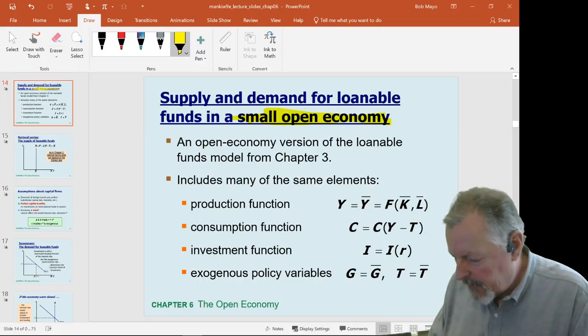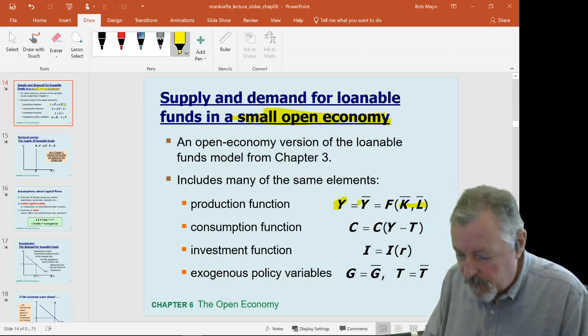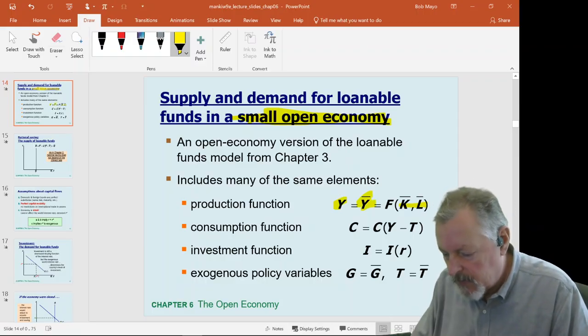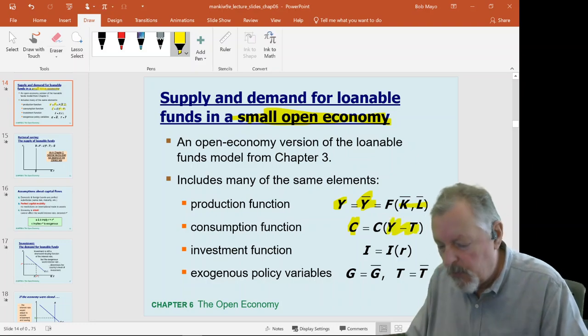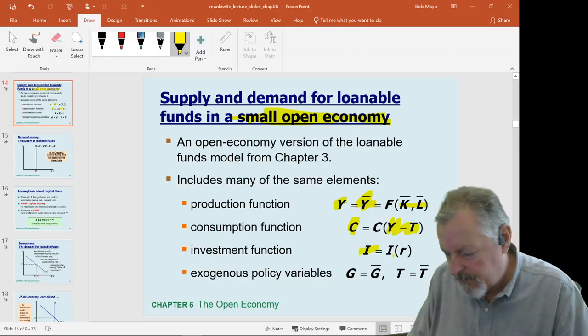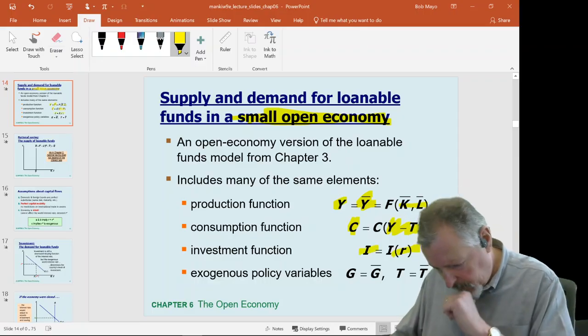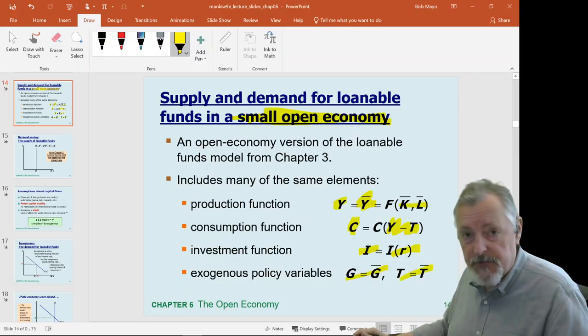Let's see. In this model, output is a function of capital and labor, both of which are exogenous and thus fixed. Therefore, output is fixed. Consumption is some function of total output minus taxes. Investment is determined only by the interest rate, and government spending and taxes are exogenous.